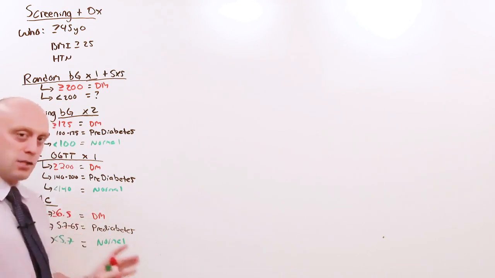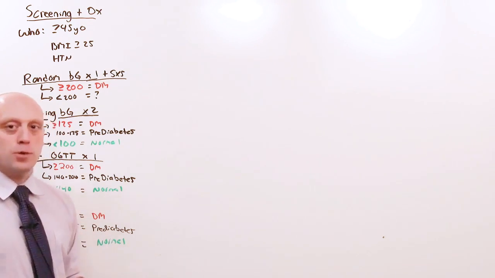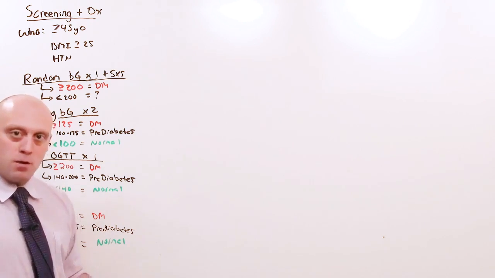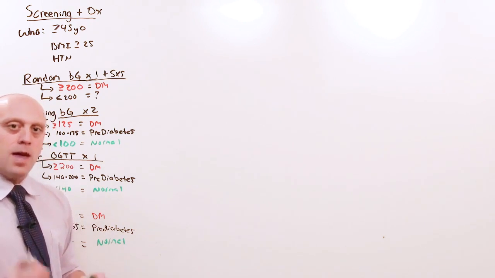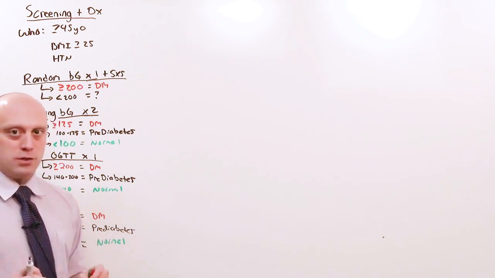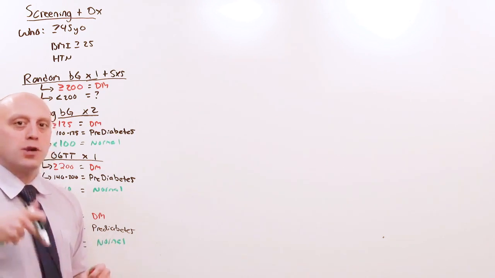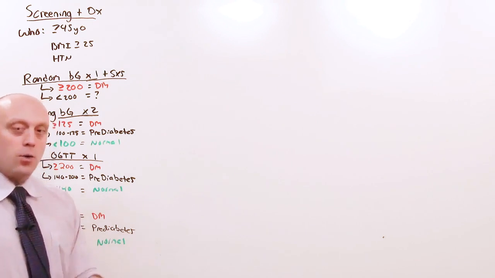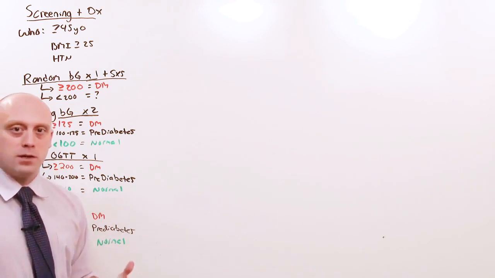Now, there's some limitations to the A1C because it's a hemoglobin A1C. Hemoglobinopathies may impact the level, and it does not detect early glucose changes. That is, if someone is worsening right now on their way to diabetes, the A1C will miss it.